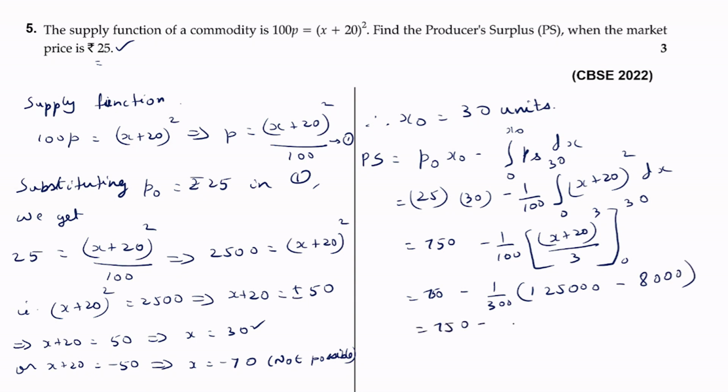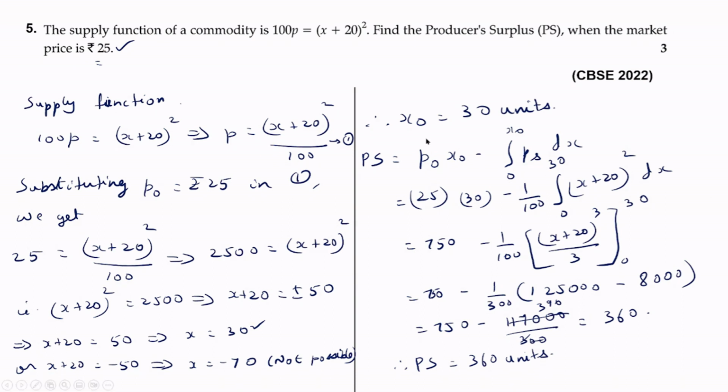So this is 750 minus 1,17,000 divided by 300. So this is 750 minus 390 which is 360. Therefore, producer surplus is 360 units. So this is the producer surplus.